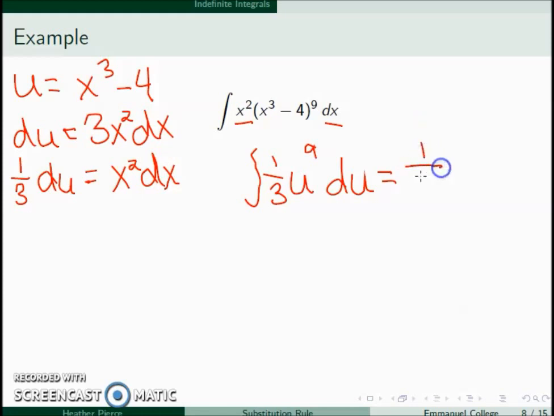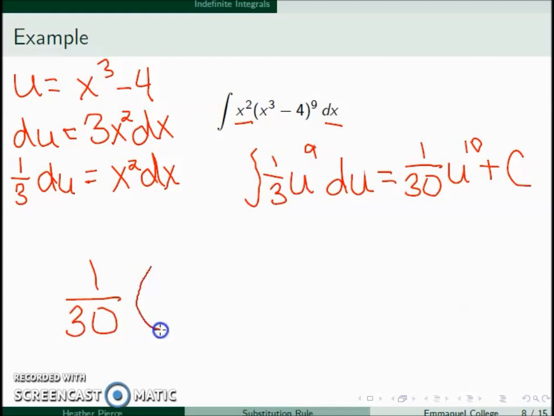So this will now become 1 over 30 u to the 10th plus c. Substituting back in, I get that the final answer is 1 over 30 times x cubed minus 4 to the 10th plus c.